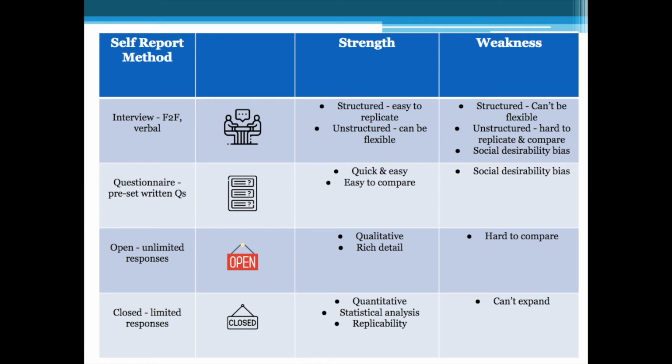Whereas with closed questions, it's easier to quantify, easier to statistically analyze, easier to replicate. However, obviously you can't expand and you haven't got that richer detailed information. So yeah, you should be getting the idea now that with lots of research methods, a strength of one is a weakness of another and vice versa. So you haven't actually got to learn hundreds of different evaluations.